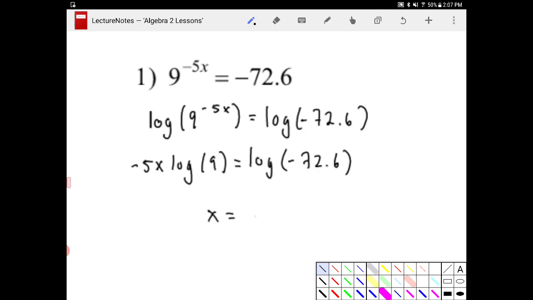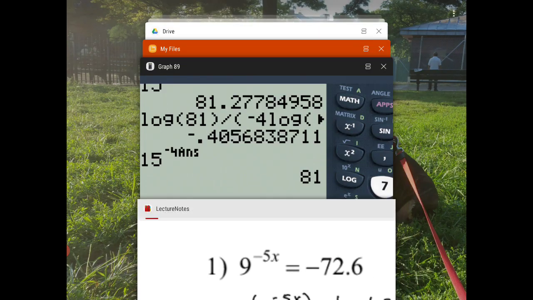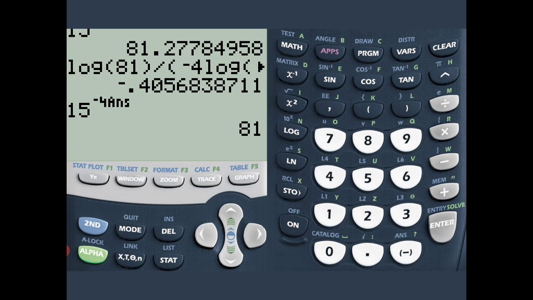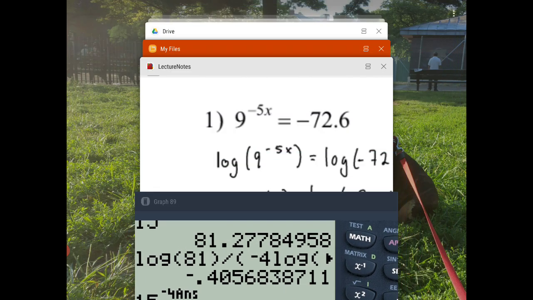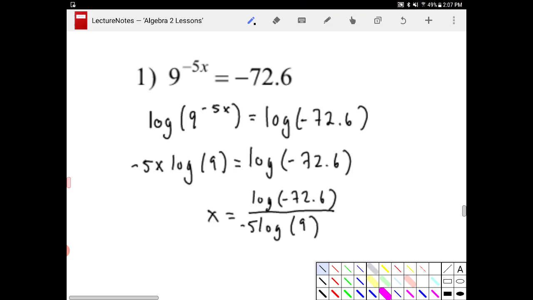And x therefore is equal to log of negative 72.6 over negative 5 times log 9. If I do that, log of negative 72.6 divided by negative 5 log of, what was the number again? 9.